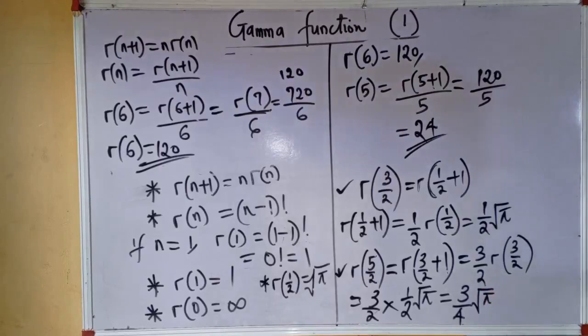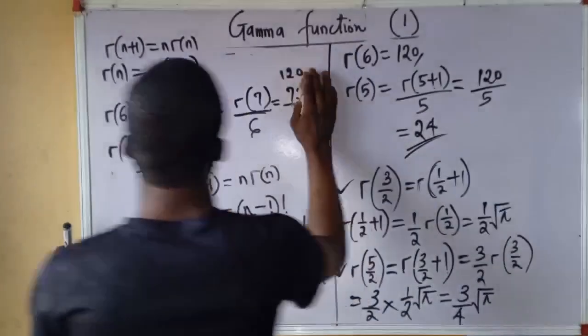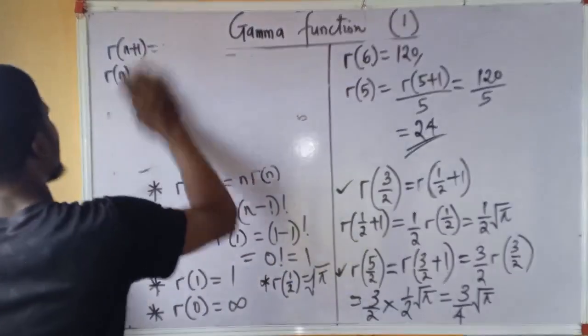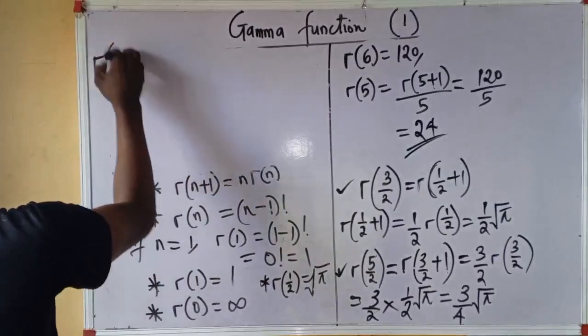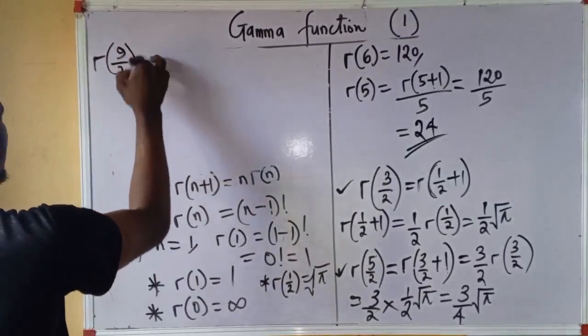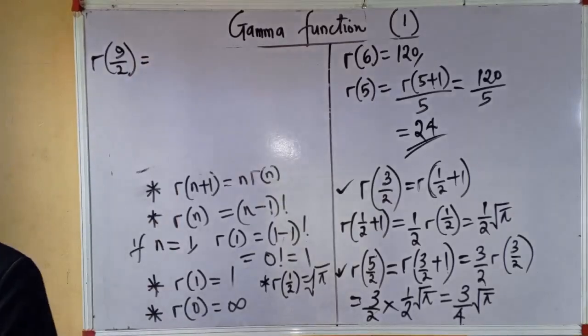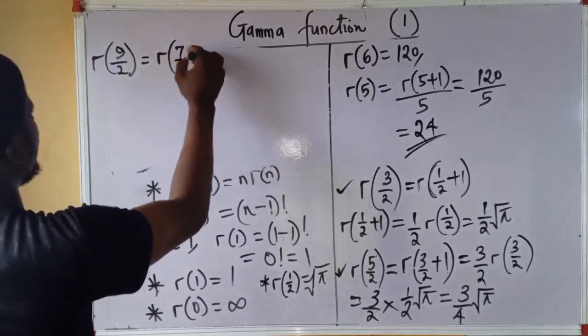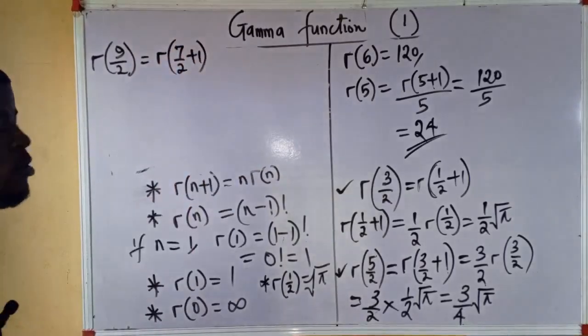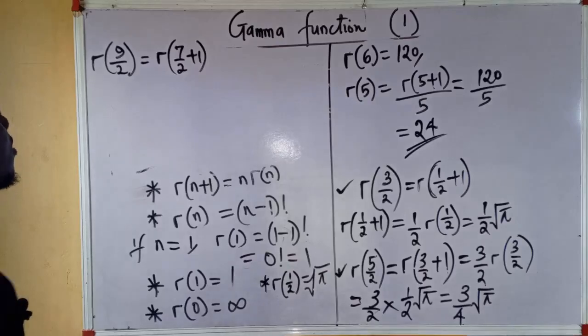Now, let's see something. What is the value of gamma of 9 over 2? I want to show you something. Gamma of 9 over 2. This is simple. Okay? This is the gamma of 7 over 2 plus 1. Do you agree? Yes, it is.